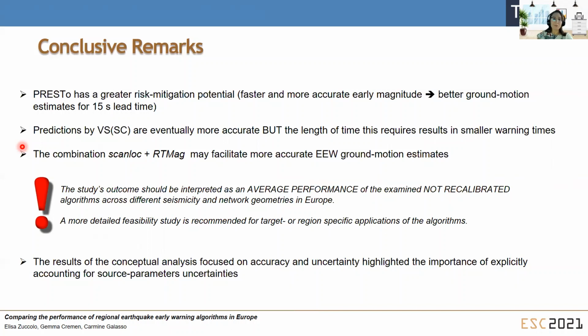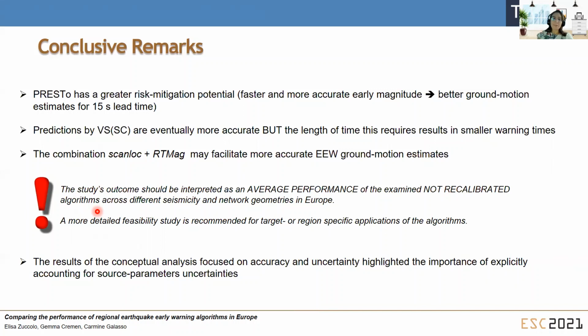Alternatively, the PRESTo magnitude algorithm could be independently implemented within SeisComP as an additional module for early warning magnitude evaluation, in order to use it jointly with the scanloc module for locating events, which we found to be the best algorithm for location evaluation. It should be noted that the study outcomes should be interpreted as an average performance of the examined algorithms across different seismicity and network geometries in Europe.